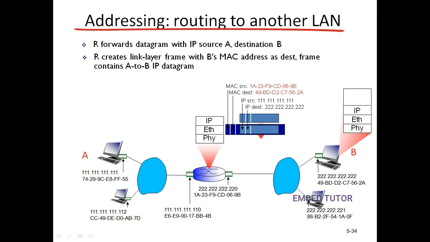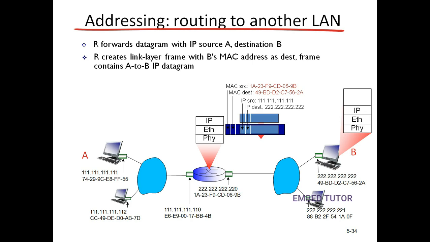Here the source MAC address will be the MAC address of the Ethernet interface E2 of the router, which is 1A23F9CD069D. So for the node B, the actual frame is formulated by the router R. It is not the frame actually from the node A. But the payload is the same, only the frame header and the trailer are different.